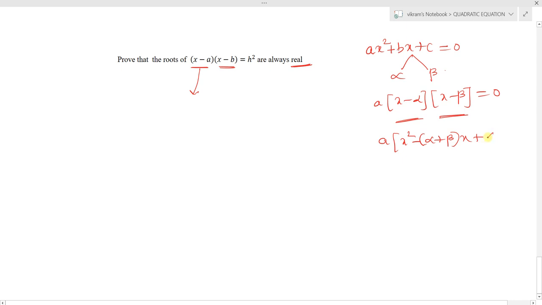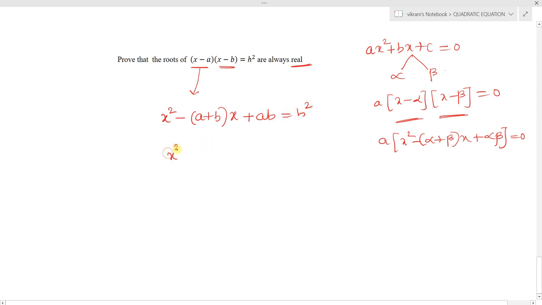The product of the roots is alpha beta. Now, x minus a into x minus b can be written as x square minus a plus b into x plus ab equals h square.